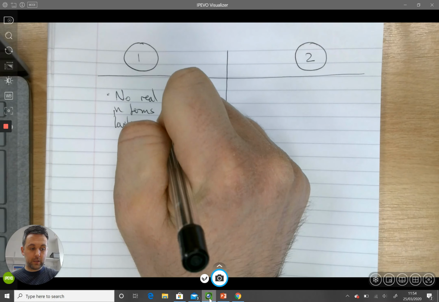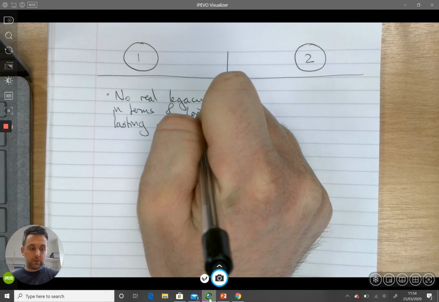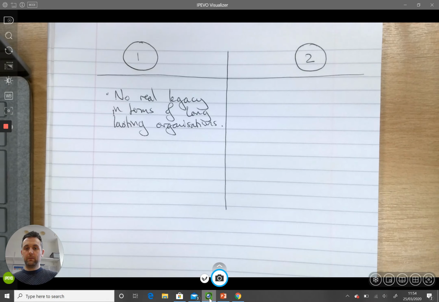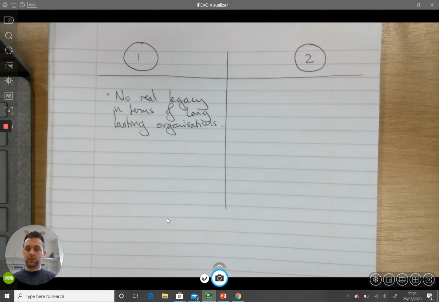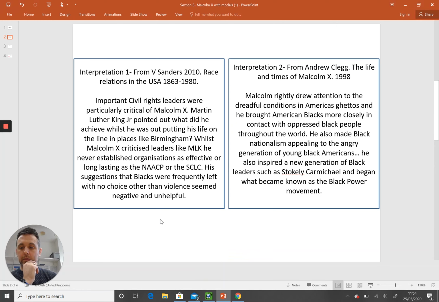That's one thing the historian says about the impact or lack of it. And then what's the other point he's making? Well, I assume it's a he, it might be a she. The other point this historian is making about Malcolm X and his impact.